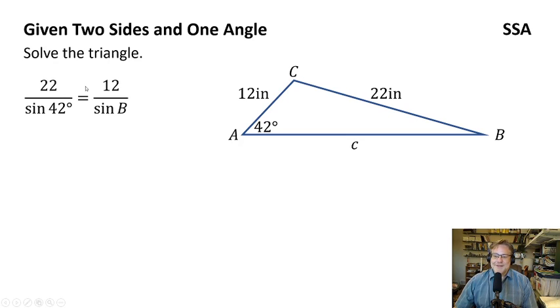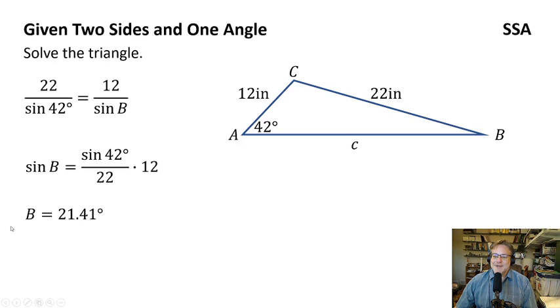So let's first of all just use the law of sines just as we did before. 22 inches on one side divided by the sine of the opposite angle here, 42, is going to be equal to 12 inches on this side divided by the sine of the opposite angle here. So we can use this in order to find out what B is.